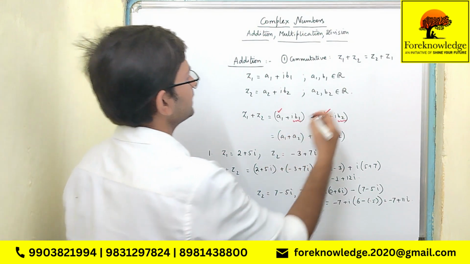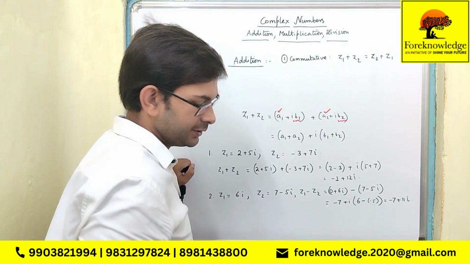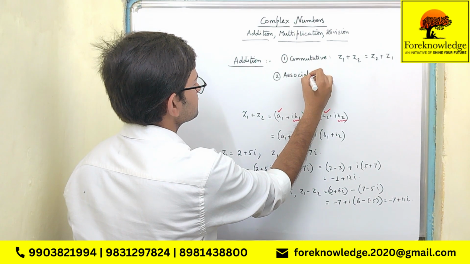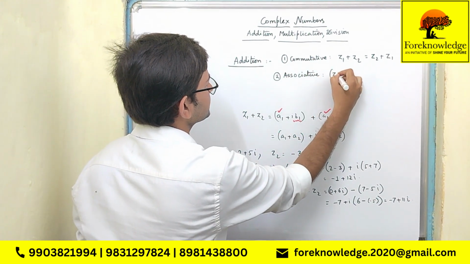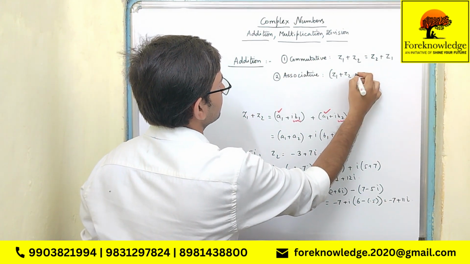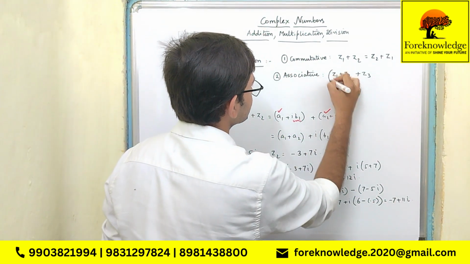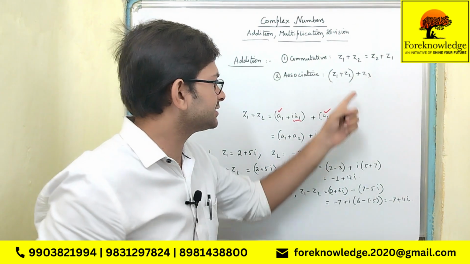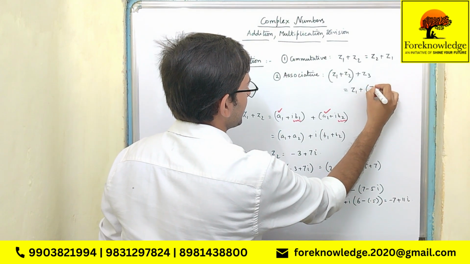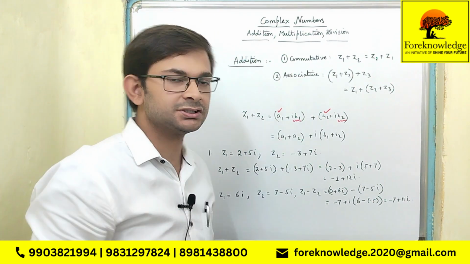And the second property is the property of associativity. That means if you have three complex numbers z1, z2 and z3, whether you first add z1 plus z2 and then add z3 to the result, or first add z2 and z3 and then add z1 to the result, you will get the same result.